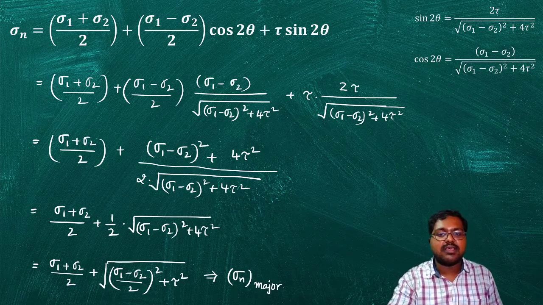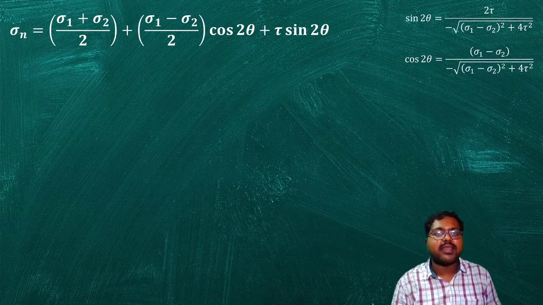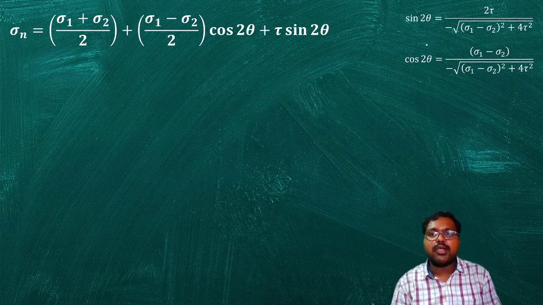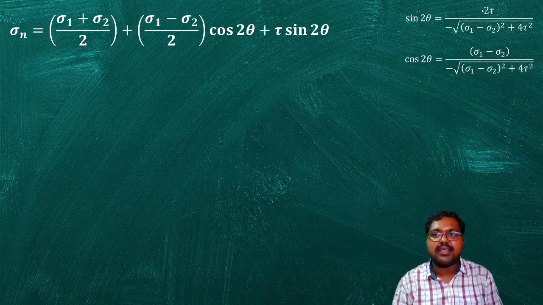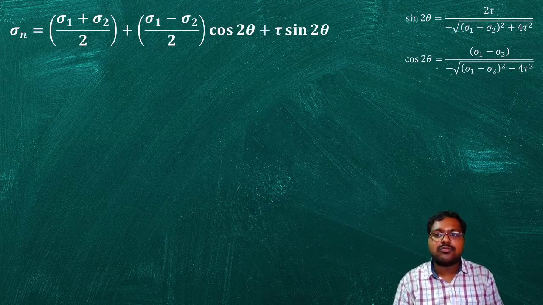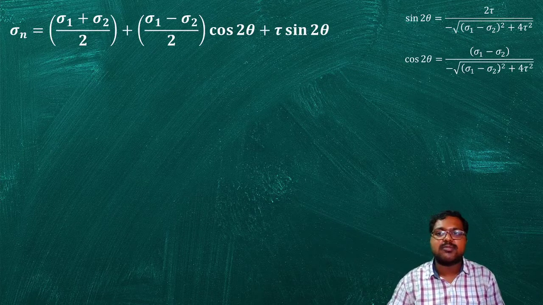Now if we see for the case of minor principal stress, here we got sin 2 theta as 2 tau by minus under the root of (sigma 1 minus sigma 2) whole square plus 4 tau square, and cos 2 theta equal to (sigma 1 minus sigma 2) by minus into under the root of (sigma 1 minus sigma 2) whole square plus 4 tau square.